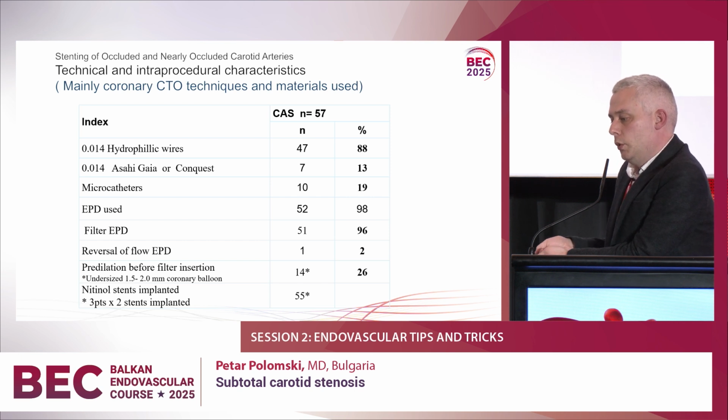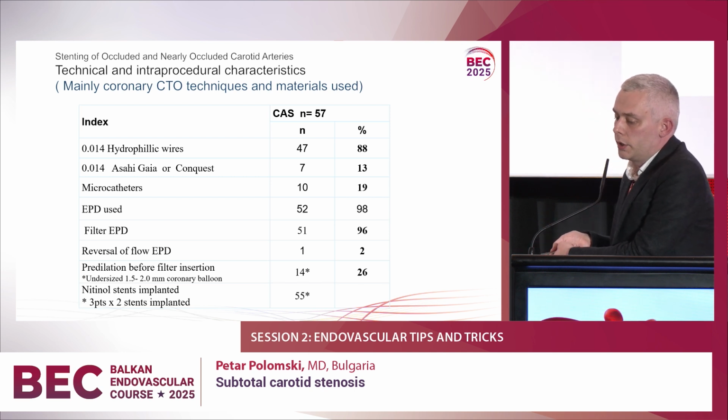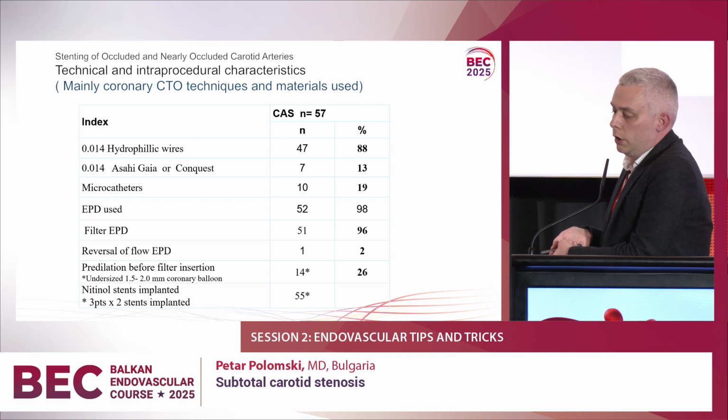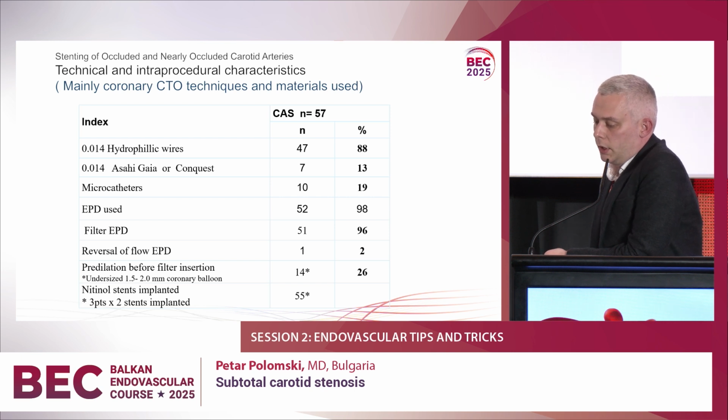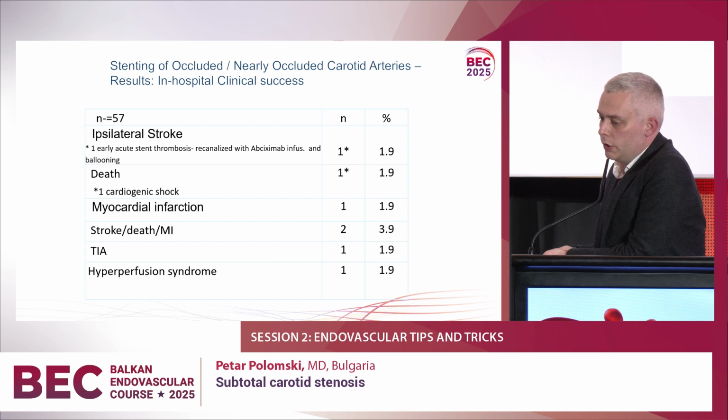In most of the patients we use, to be honest, coronary hydrophilic wires. In 30%, escalation of the wire with Gaia first or second or Conquest wire was necessary in order to cross the stenosis, and we implanted more than one stent in 2 of these 57 patients.